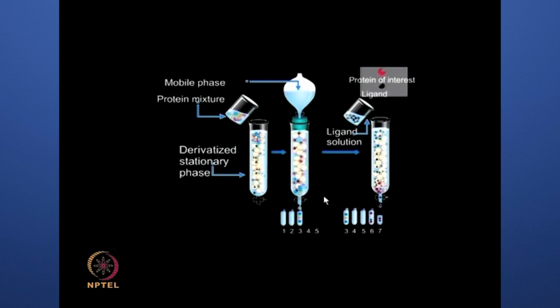Since it contains the same ligand that is bound to the column matrix, it is capable of eluting the proteins by interacting with it. The effluent sample fractions: the solution leaving the column is collected in suitably sized fractions for further analysis. The unbound proteins are eluted from the column first, followed by the bound fractions, which are removed after washing with the ligand solution.